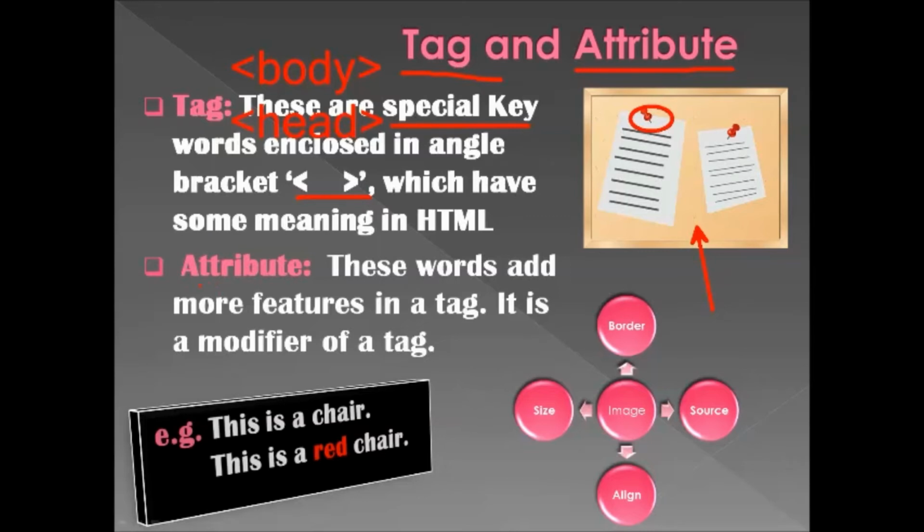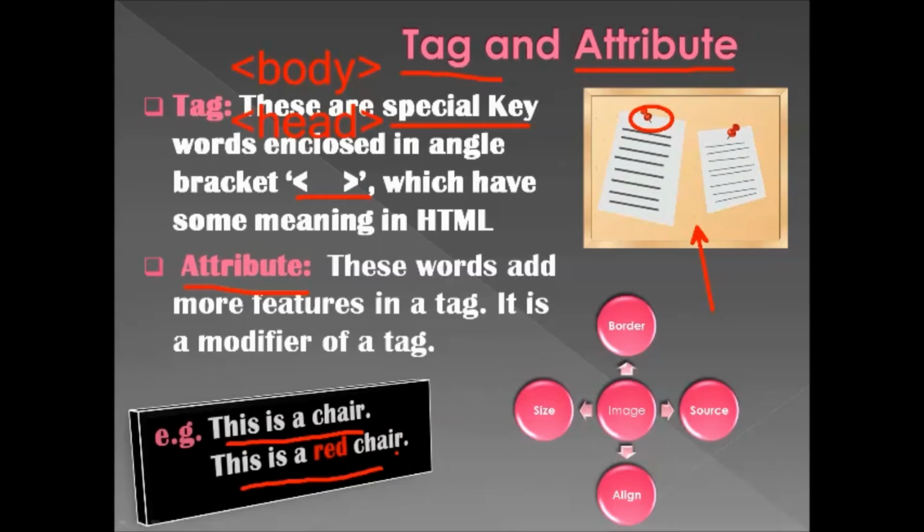Now what is an attribute? Before understanding attribute, I give you one example. This is a chair. Simple sentence. And second, I say this is a red chair. Here, red is an attribute of the chair. Meaning to say it gives us extra information about the chair.